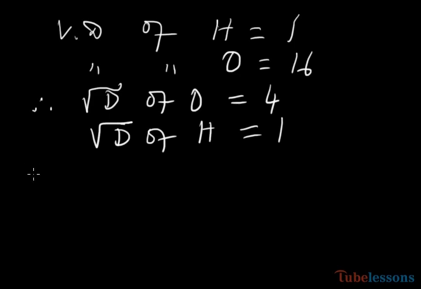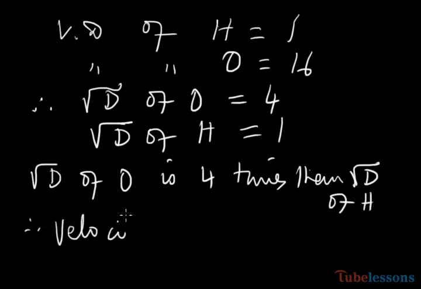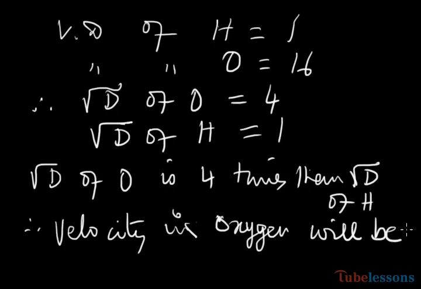So, root over D of O is 4 times root over D of H. Therefore, velocity in oxygen will be 1/4 of that in hydrogen.